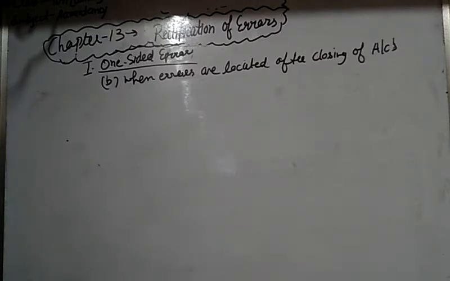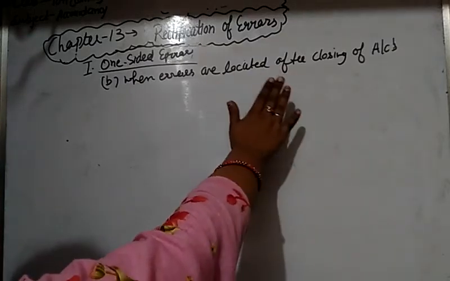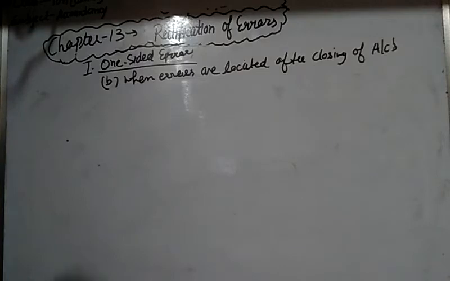In the first case, the errors were disclosed before preparing trial balance. We already completed it. And the next part we are doing of question number 1 is errors were disclosed after preparing trial balance, means after closing of accounts. So we solve similar question number 1 with the second case.